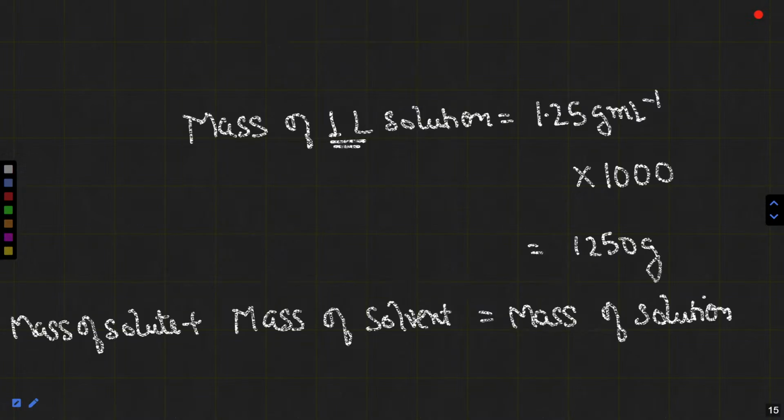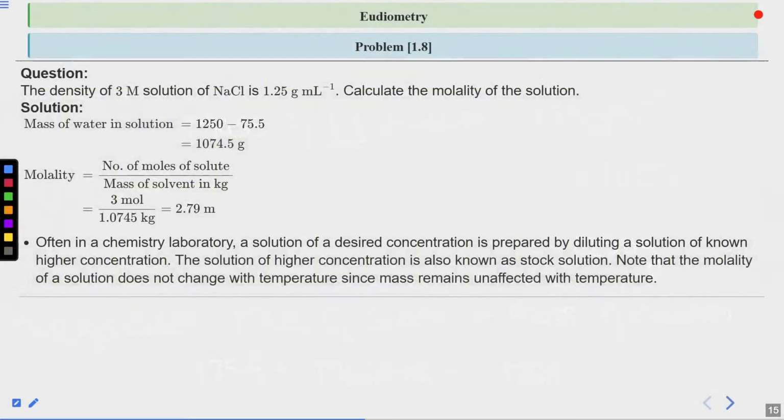It is 175.5. And what is the mass of solvent? This thing we have to calculate. And this whole thing is equal to 1250. So 1250 subtracted by 175.5 will give you how much? It will give you 1074.5.